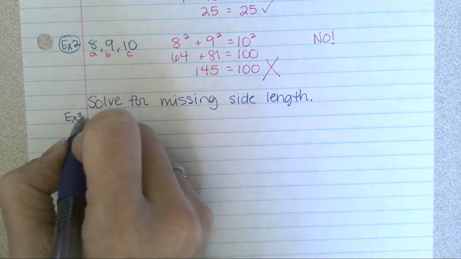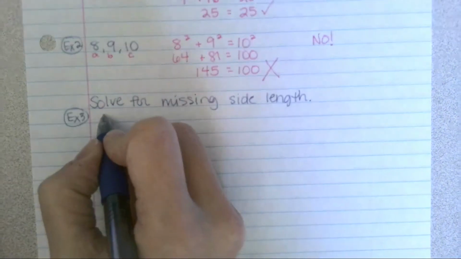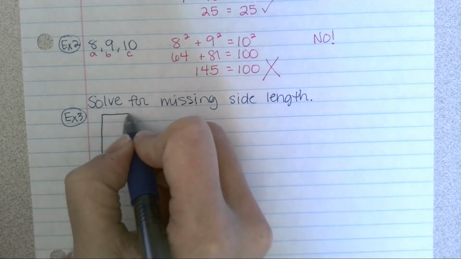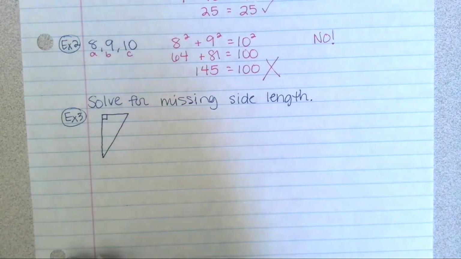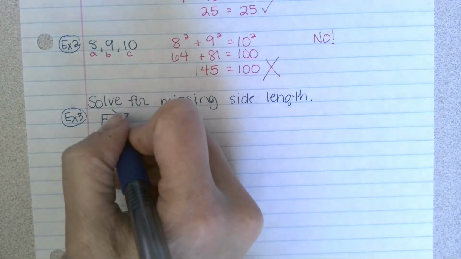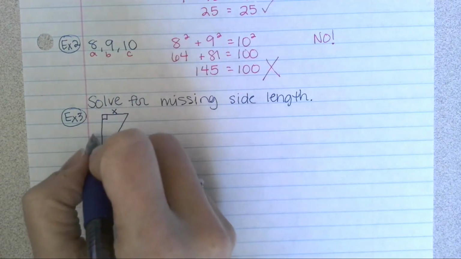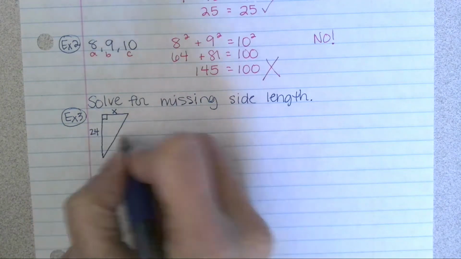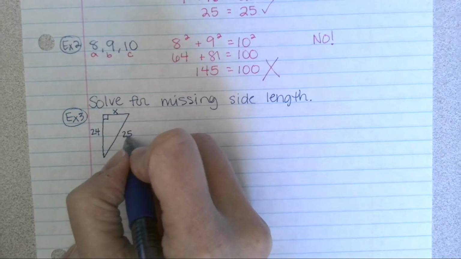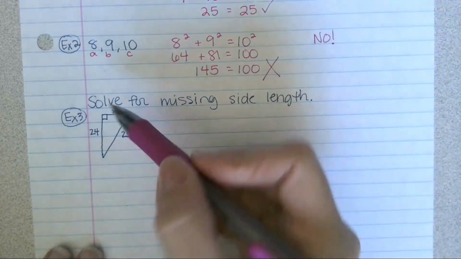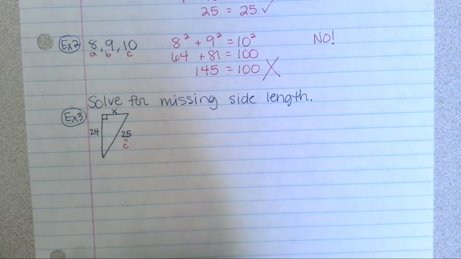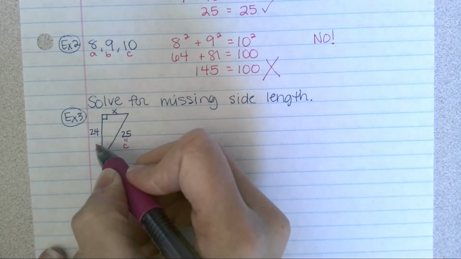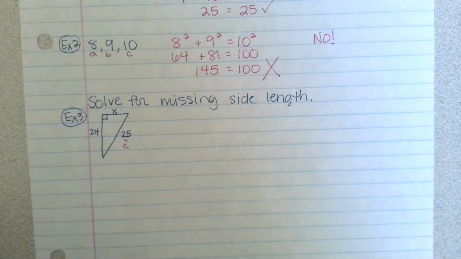So our first example for that, given this diagram, my right angle marked here, I've got this top is going to be x, this side is 24, and then my hypotenuse is 25. So longest side, biggest number is going to be C. And then you can label the others A and B. Like I said before, it doesn't matter how you label them.